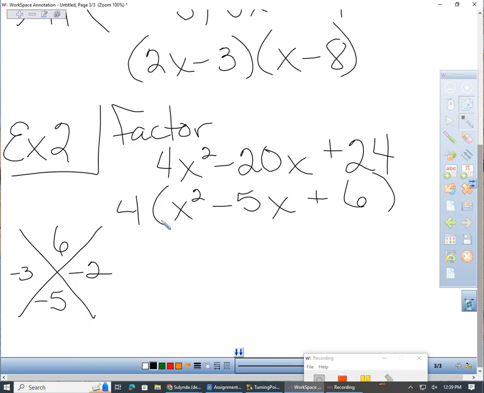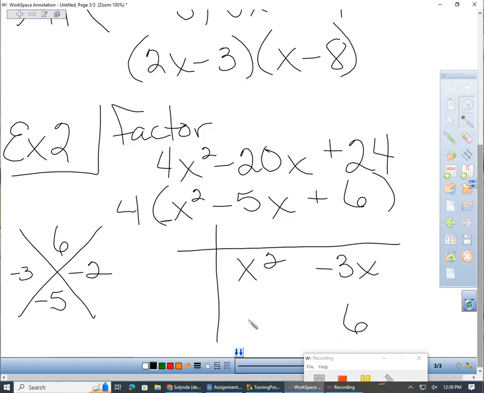All right. Now, the leading coefficient is 1, so technically we could write our factors, but here's what I want to show you. I'm going to put it in the box anyway. I didn't notice that my leading coefficient was a 1. Okay? So I'm going to take this first term right here, and it goes first spot in my box. My last term goes in the last spot in my box. In my diagonal, I have negative 3x and negative 2x.